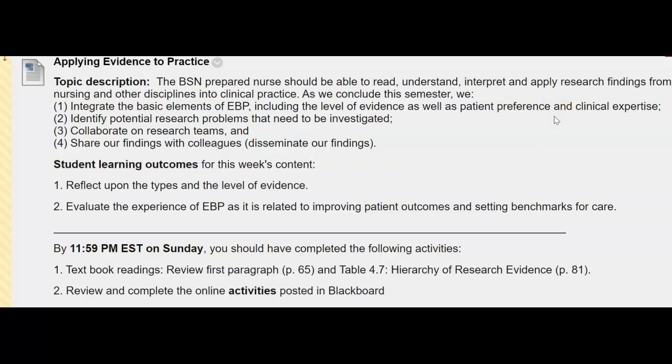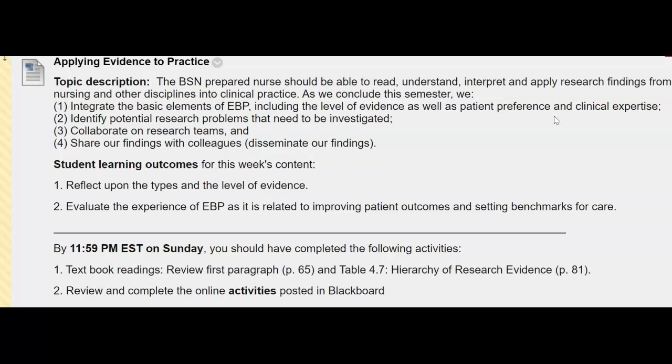There is a quote by your authors, the very bottom of the page, and it says, evidence-based practice begins by asking, what's the best possible evidence available to solve whatever clinical problem we're looking at? So you don't want to go to a case study if there's randomized controlled trials, right? So what's the best possible evidence? And then it goes on to say the important sentence that I want to draw your attention to.